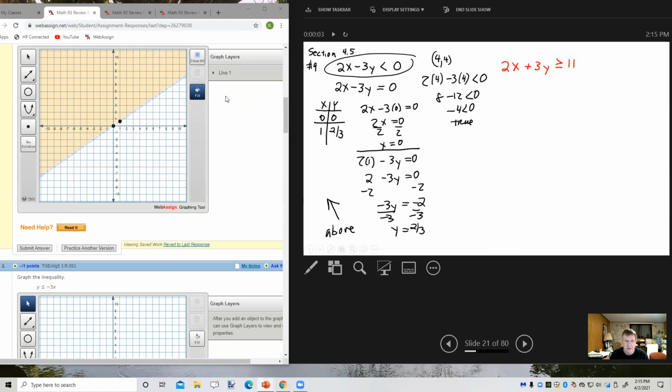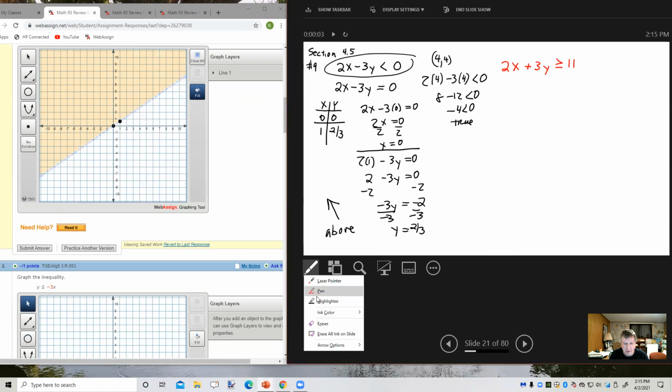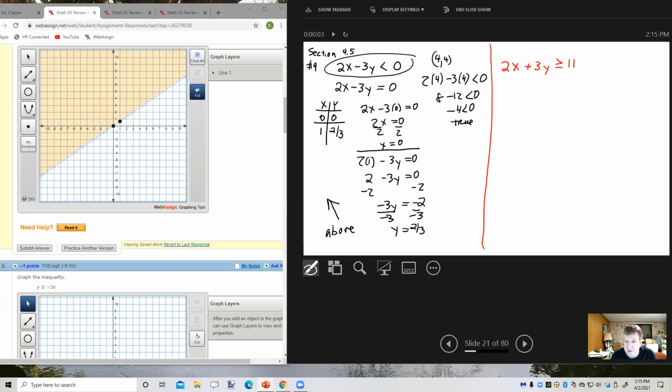All right. Now I'm going to go back over here and change my ink color to red. And we're going to deal with the second half of the problem. I'm going to take a look at the related equation 2x plus 3y equals 11.